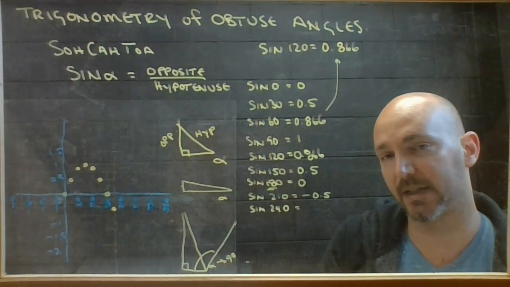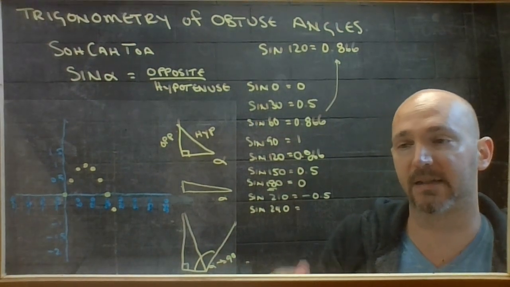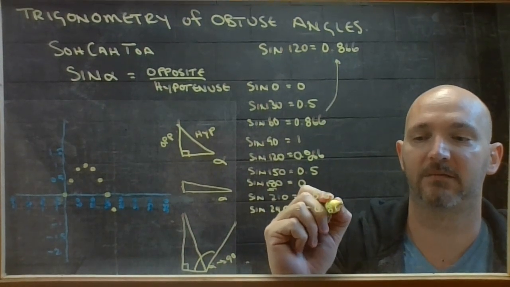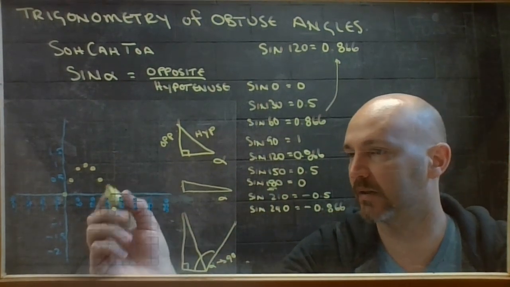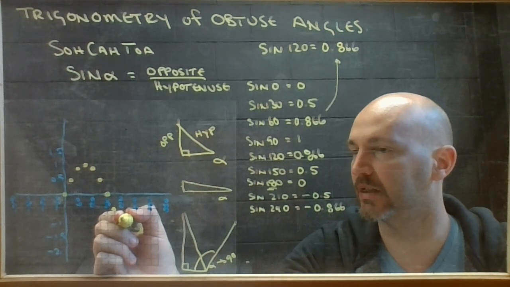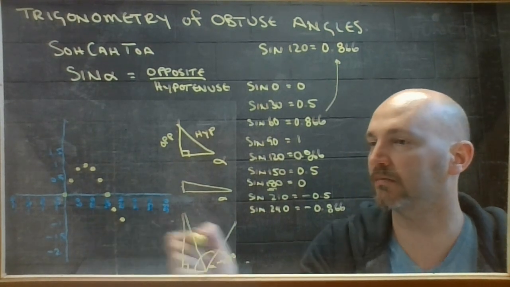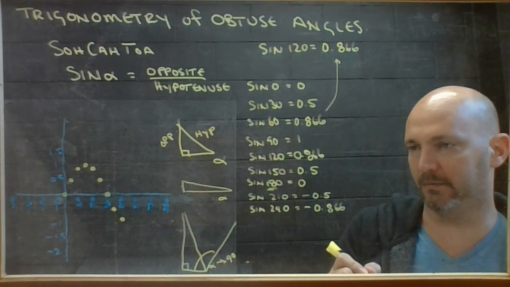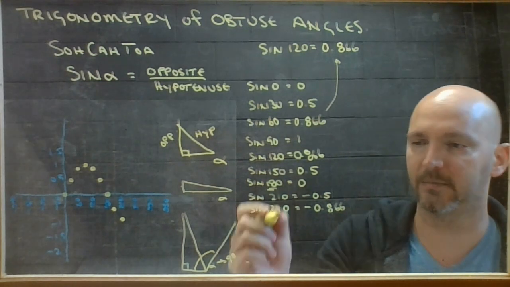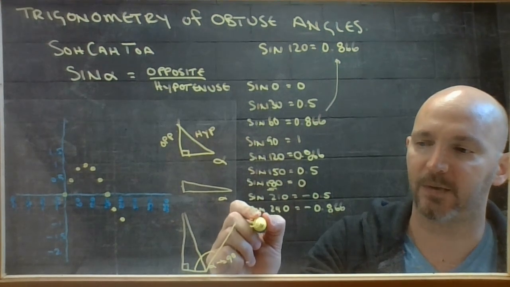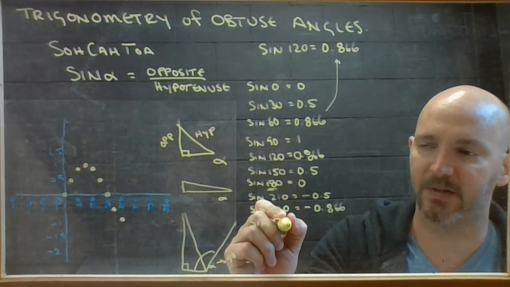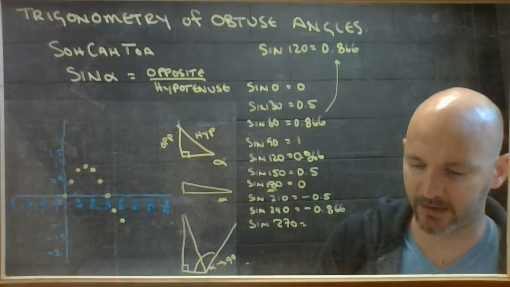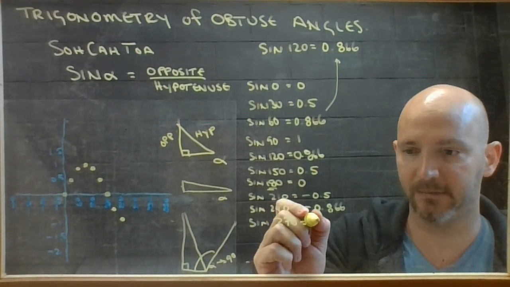Gives me that same number again, 0.866, but it's negative this time. That's going to be about here. 240, good to go. 30 more, be 270. Sine of 270 gives you negative 1.